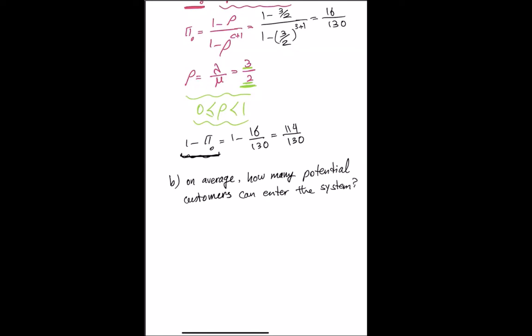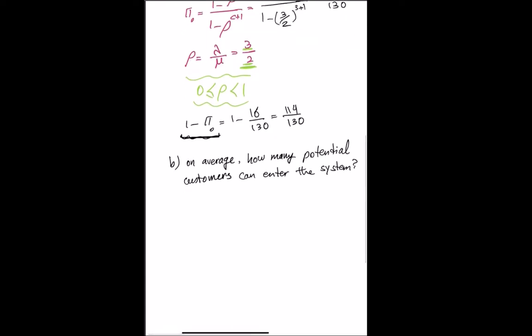One point that I mentioned in a previous session, especially when we wanted to calculate L, so this is just in parentheses. When we wanted to calculate L, we always said L equals lambda multiplied by W, right?